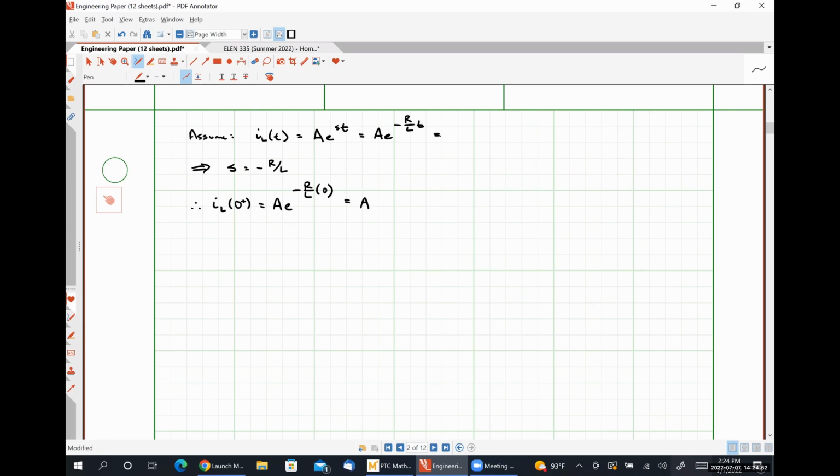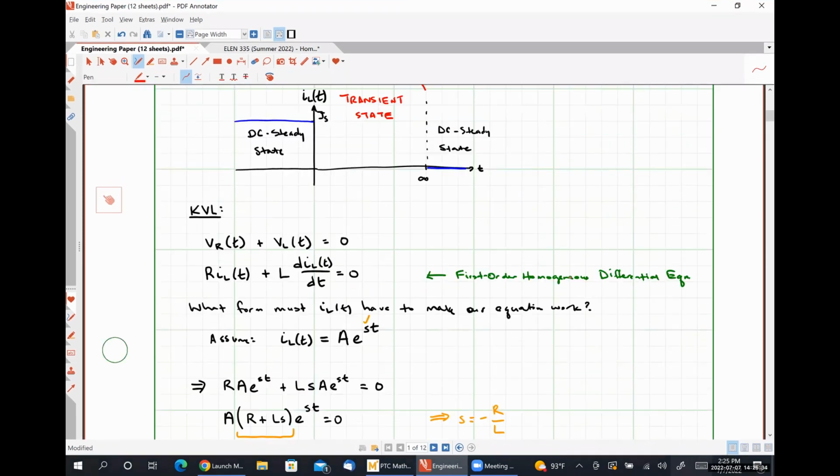From that, we find that our inductor current is going to be IL at 0 plus, which we're going to consider our initial condition on the system, multiplied by a factor of e to the negative R over L times time. I'm going to put a box around this because it's a very important revelation. And then we're going to go back to our graph and effectively fill this in.